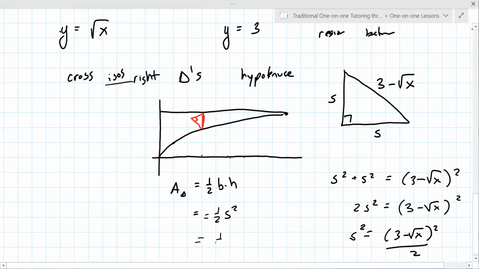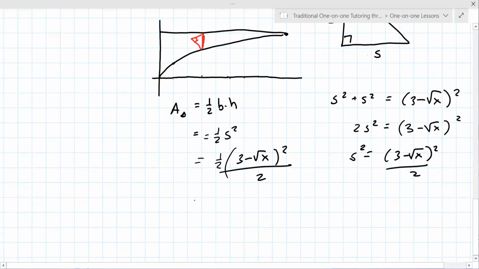So your problem would be 1/2 times 3 minus square root of x squared, all over 2. It looks maybe more challenging, but you would do the same thing as in the last problem. You would just expand that binomial, find the antiderivative, and evaluate the endpoints.